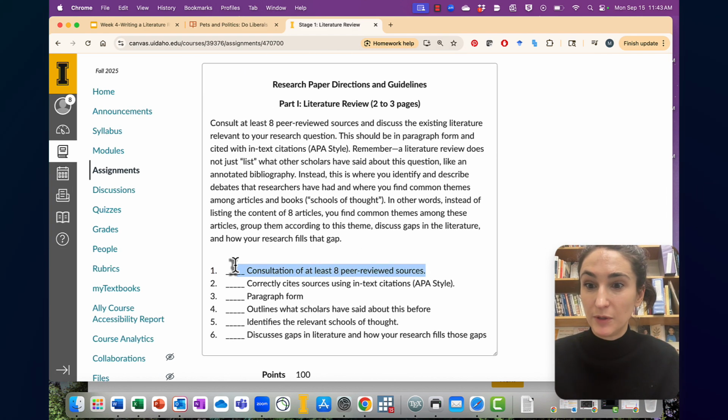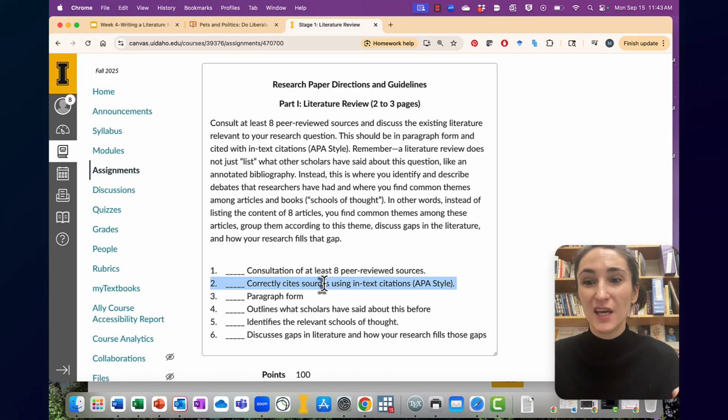Which you can find in Google Scholar. And Jaleesa's videos are also going to help you find more peer-reviewed sources, but they do need to be peer-reviewed, okay? This should be in paragraph form and cited with in-text citations. Jaleesa is also going to talk about how to do the citations, and I'll talk about it a bit next week as well.